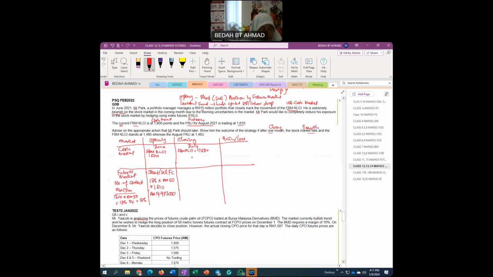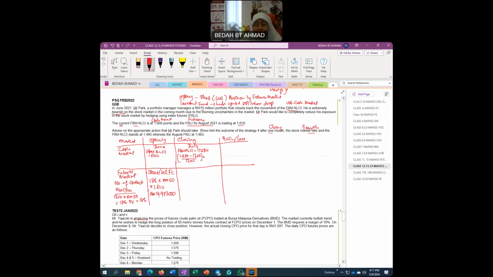So we need to calculate the reduction in the value of our investment. So index point in July 1480 minus index point at opening 1600, divided by index point at opening 1600.